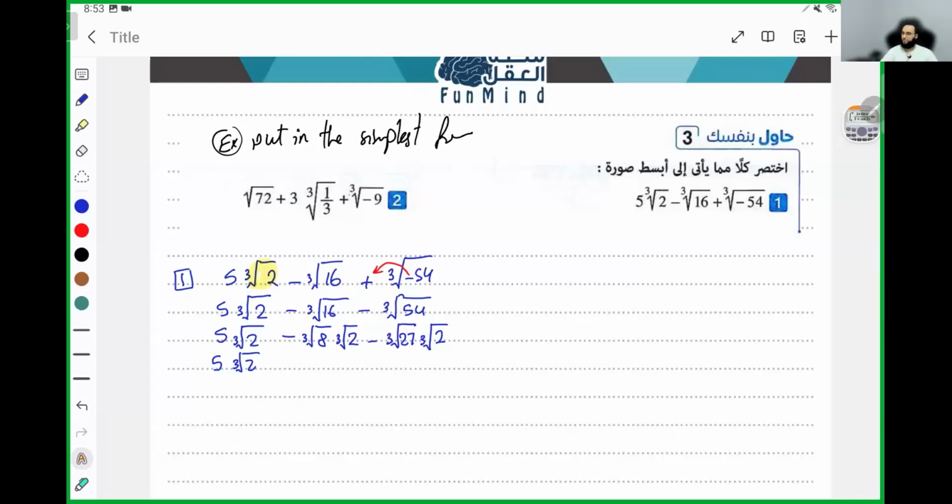This is 8, below the cubic root it's 2, and this is 27, below the cubic root it's 3. Right now, it's 5 minus 2, which is 3. 3 minus 3, 0. Let's check.